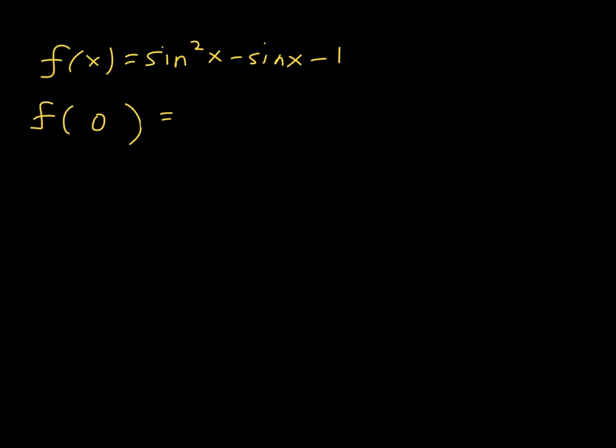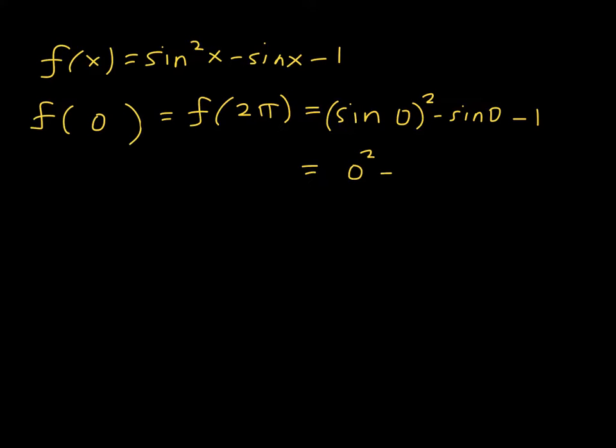Let's save ourselves a little time and say f of 0 is equal to f of 2 pi. So then this is sine of 0 squared minus sine of 0 and then minus 1. Sine of 0 is 0. So this is 0 squared minus 0 minus 1, which is equal to negative 1.